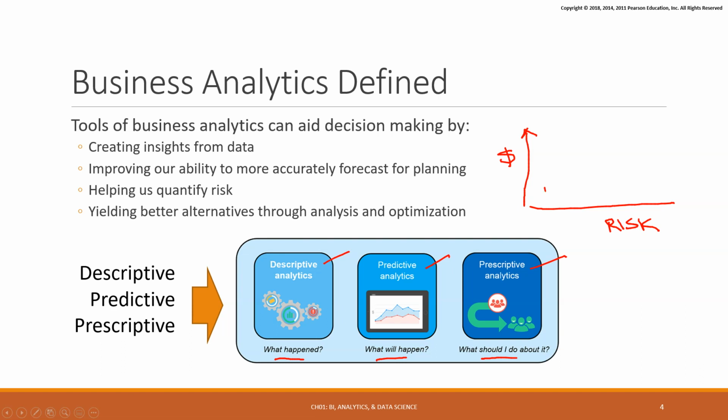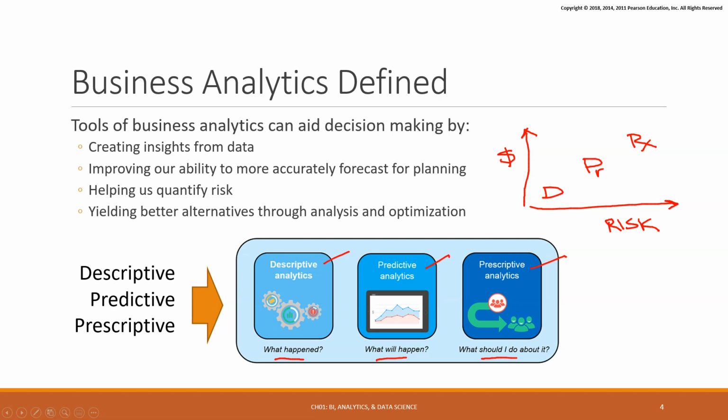And so typically descriptive analytics is low risk and also low dollars. Predictive is kind of in the middle, and then prescriptive, and I'm going to put a little Rx here, has a higher amount of risk, higher amount of investment, but also you can generate a lot more revenue if you institute some of the prescriptive analytic techniques.